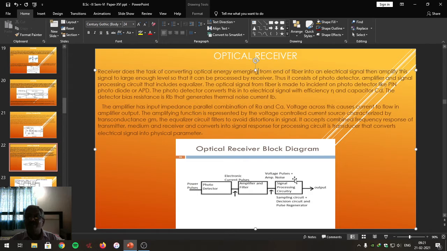After reducing the noise, the voltage pulses are processed, where the samples are taken, a decision is made, and if digital signals are there, the pulses are produced at the output for the destination. And if it is an analog signal, it is given directly to the destination. Thus, whatever original physical parameter is transmitted, the same is obtained at the output of the receiver.